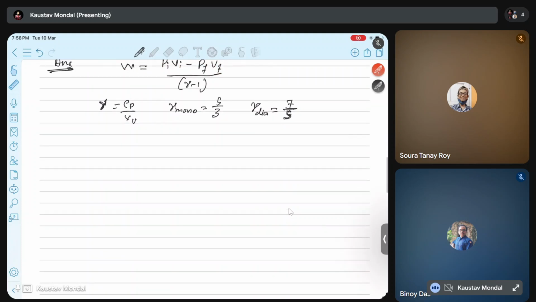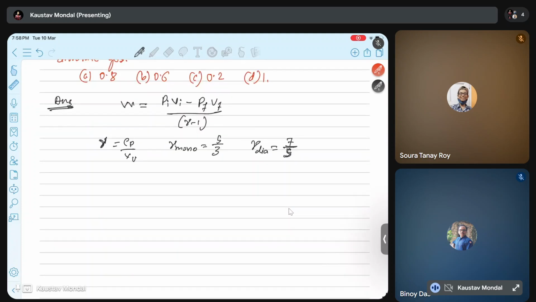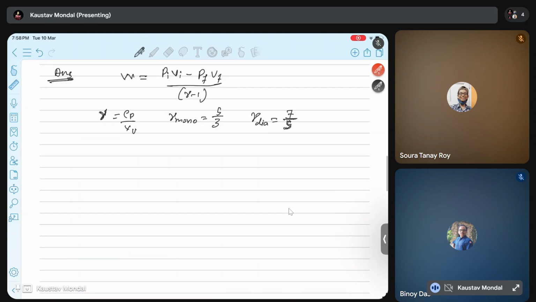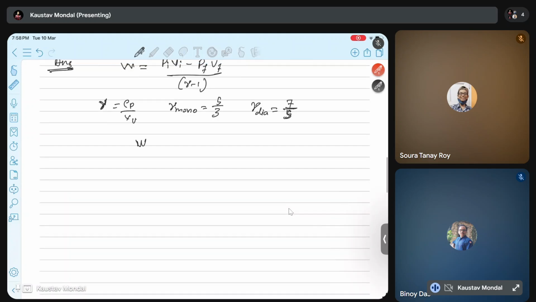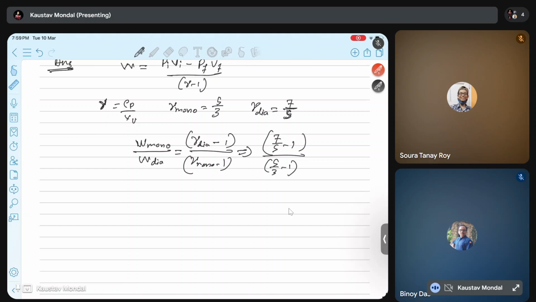Now the ratio W mono by W dia would be gamma dia minus 1 by gamma mono minus 1, that is 7 by 5 minus 1 divided by 5 by 3 minus 1. If you calculate this, it gives a value around 0.6.